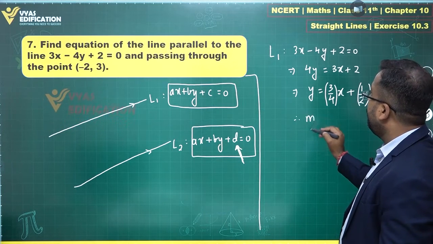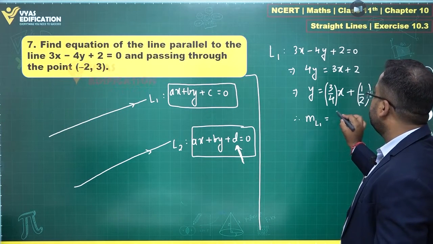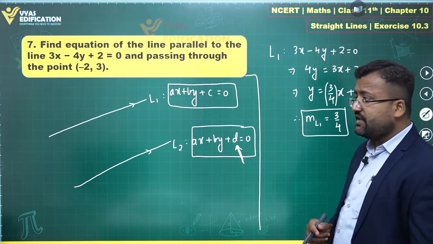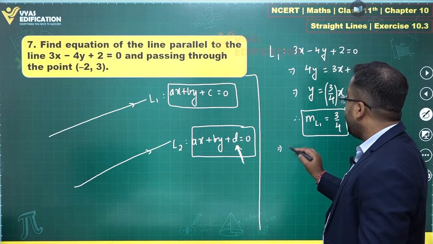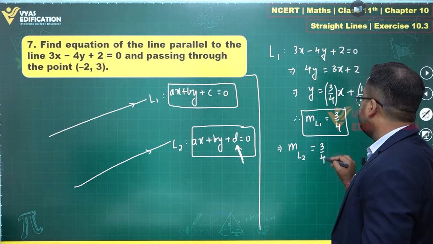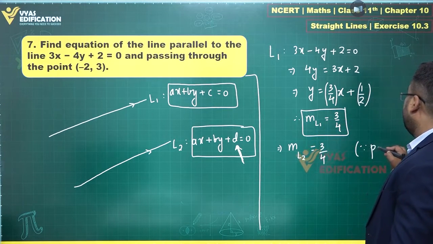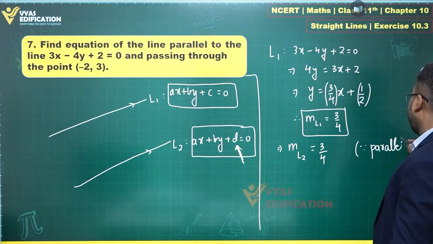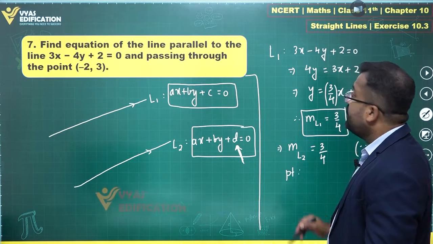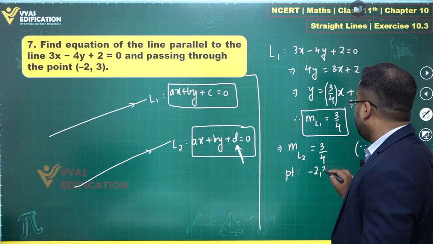Therefore, m for L1, or m1, is 3/4. This implies m for L2, which we require, is also 3/4 since the lines are parallel. Slopes will be the same. And the point is given to be (-2, 3).